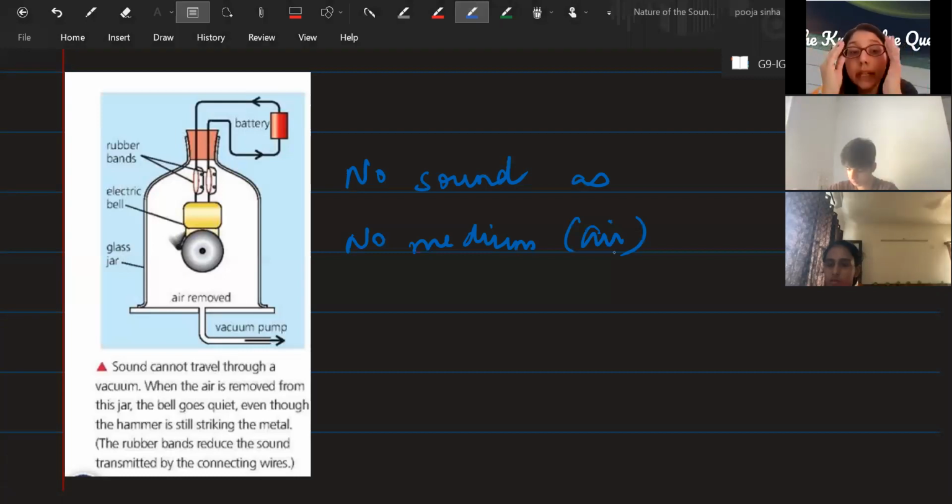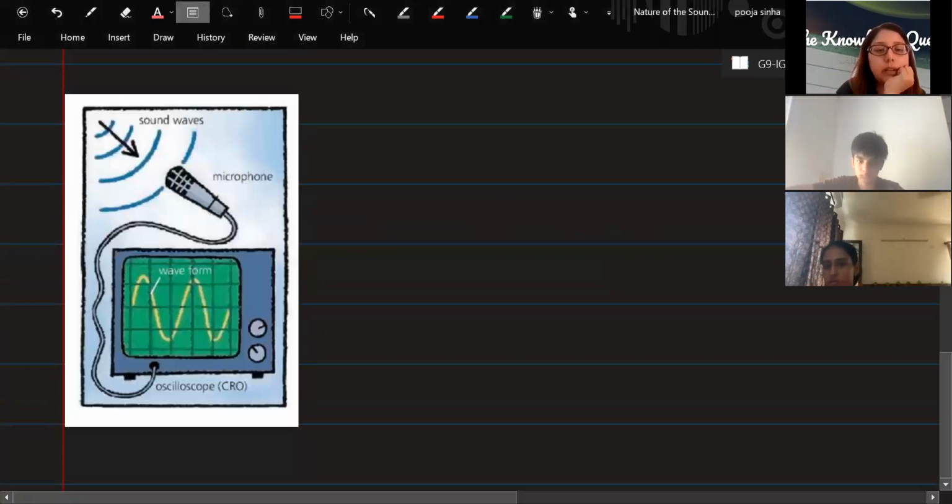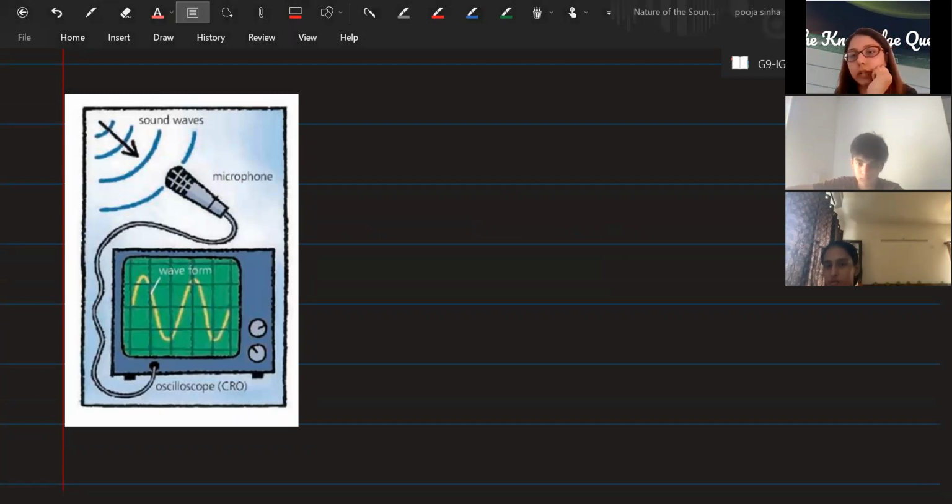Next. If I want to display sound, is there anything that we can display the sound with? There is an instrument called an oscilloscope, the cathode ray oscilloscope. You can understand from the figure itself. You're speaking into a microphone.